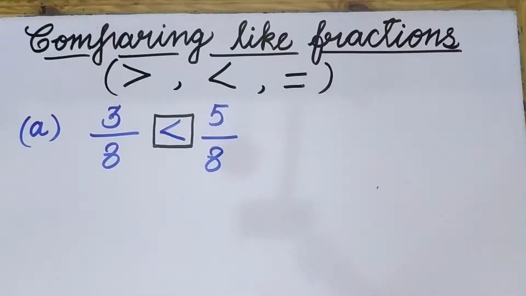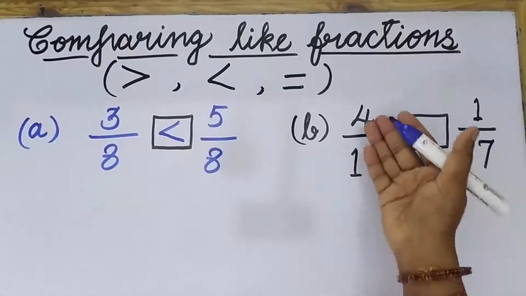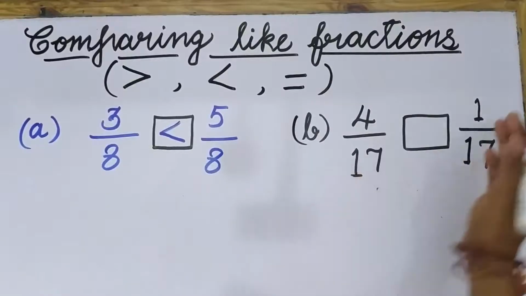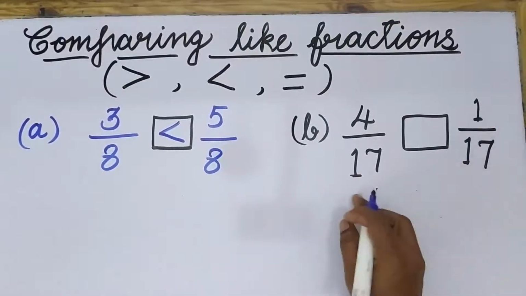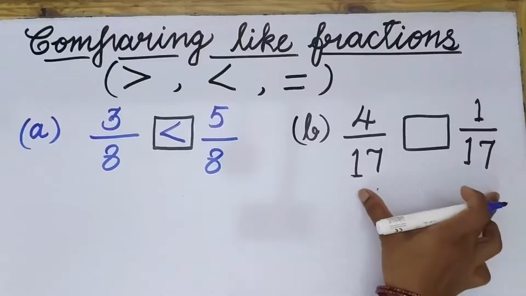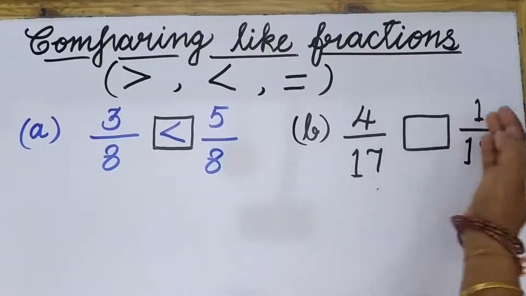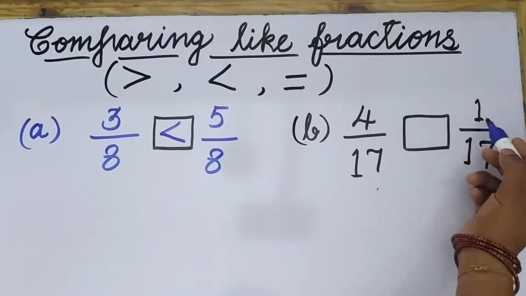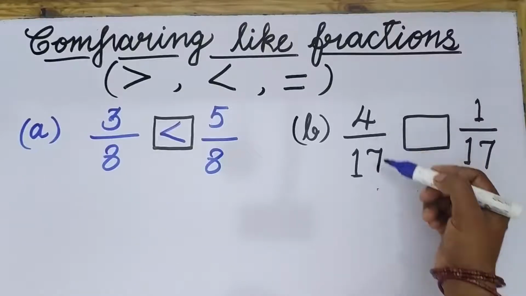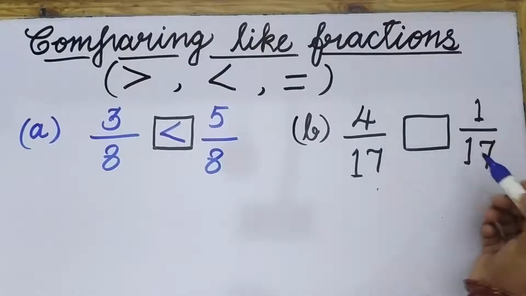This way we can compare like fractions. Now 4/17 and 1/17. These two are like fractions as the denominators are the same. So check the numerators. 4 is greater than 1. That means 4/17 is greater than 1/17.